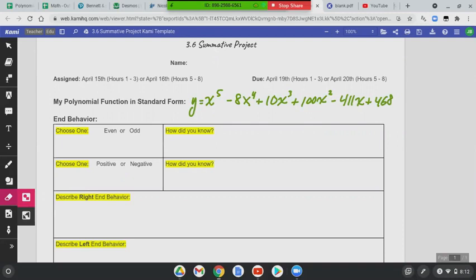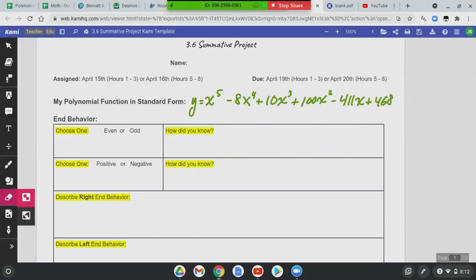Ultimately, we're going to have to graph this function to be able to get going. But there are a few things that we can do prior to looking at a graph. Our end behaviors, we can determine just from our equation without having to look at a graph. We'll verify when we get to the graph, but we don't need it at this point.